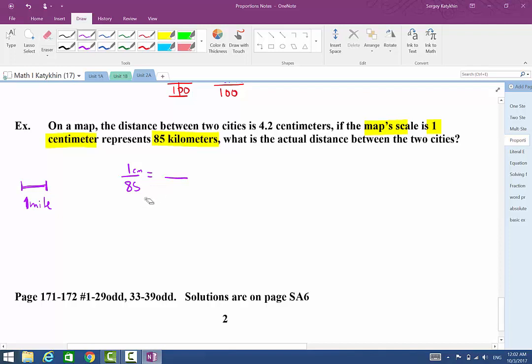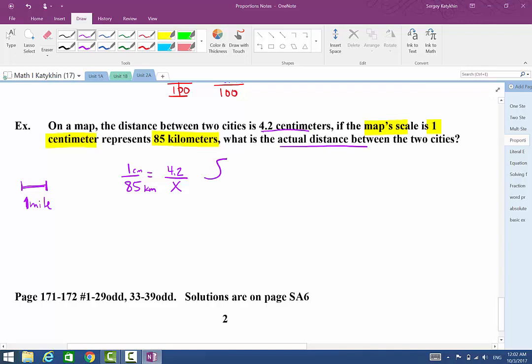So now I want to do the same comparison. I want to compare centimeters on top to kilometers on the bottom. This is in terms of centimeters, so this has to go on top. And my x, or unknown, is going to be in kilometers, and that's our actual distance between the two cities.